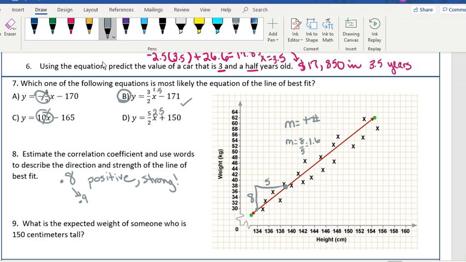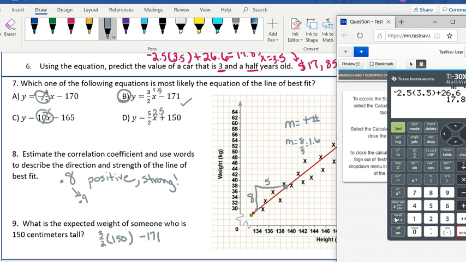All right, using B, I would have to say 3 halves times x minus 171 means I have to put 150 in here. So grabbing my handy dandy calculator, I'm going to put 3 halves is 1.5 times 150 minus 171, enter, 54.